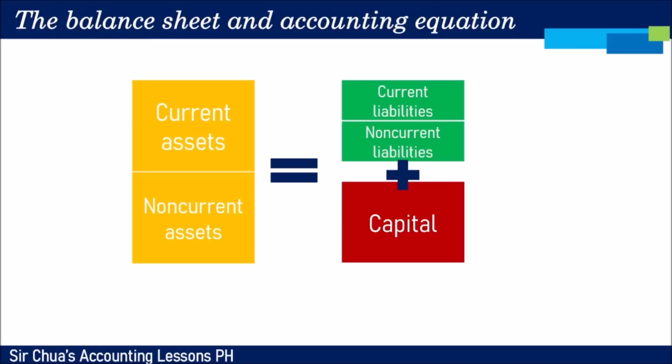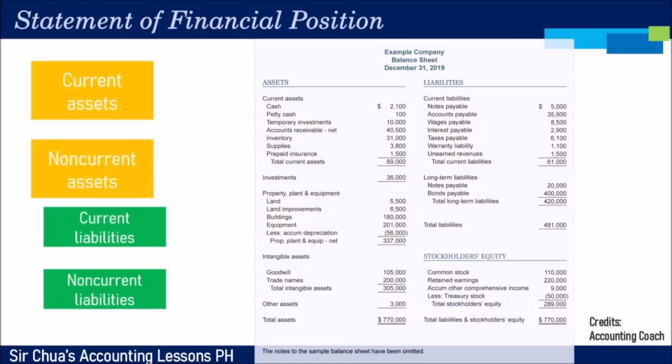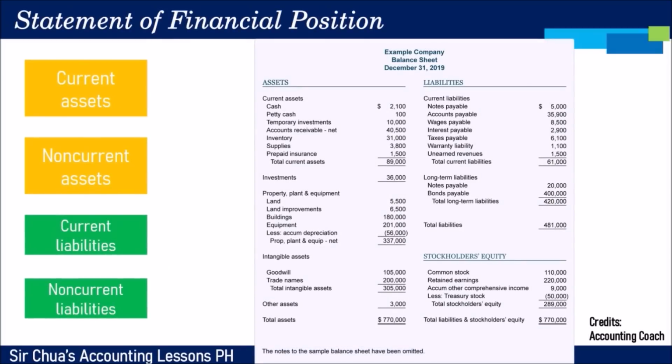So, tingnan muna natin ang itsura ng isang balance sheet. Ayan. Ganyan na yung gagawin natin ngayon. Medyo marami na. Credits to accounting coach for the picture that I used in this slide. Okay, so, ito po yung current asset portion. Ito naman po yung non-current asset portion. Ito naman po yung current liabilities portion. At ito naman po yung non-current liabilities portion.